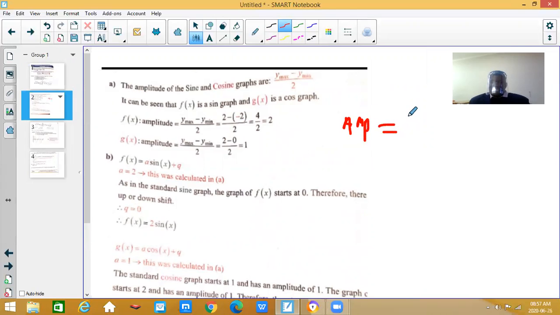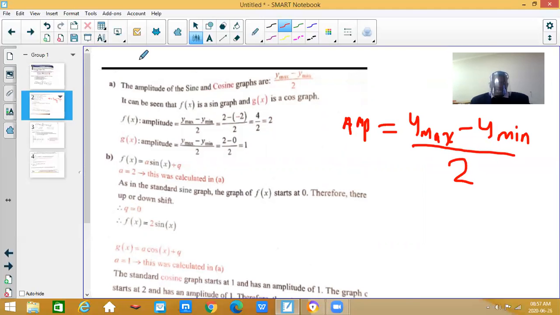Amplitude is the maximum value of y minus the minimum value, all over 2. These are only y values. Now let us go on.